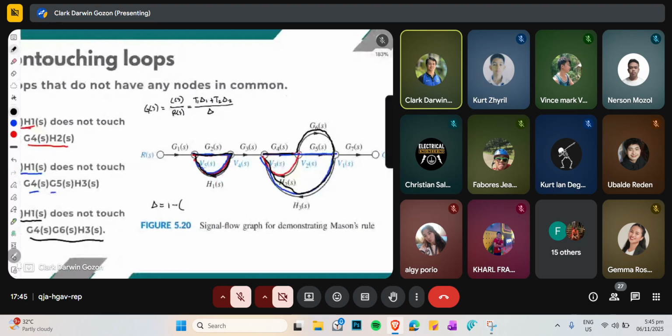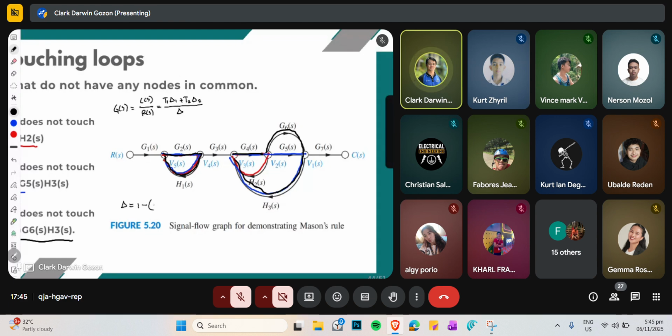We have G2, H1, plus G4, H2, plus G4 G5 H3, plus G4 G6 H3.